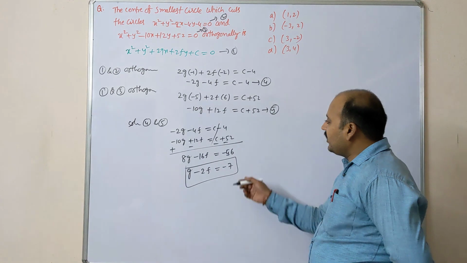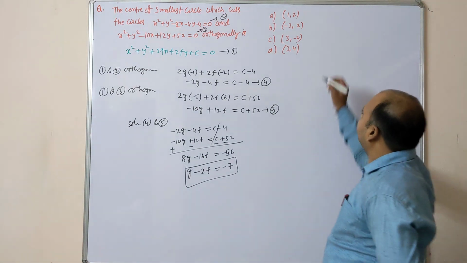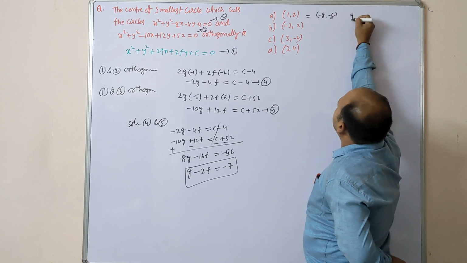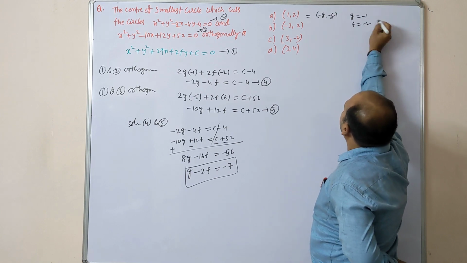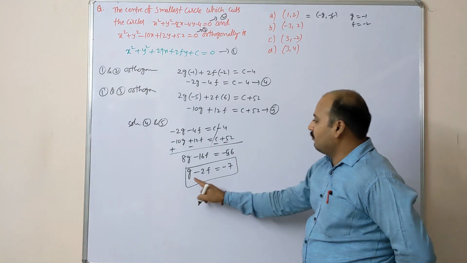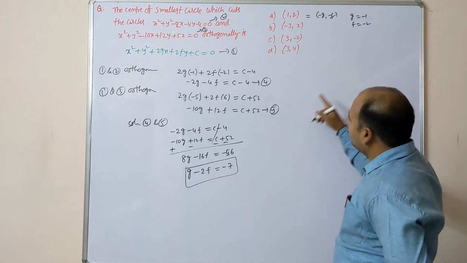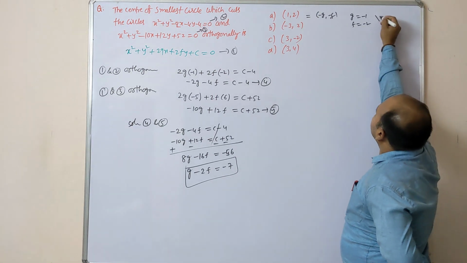So option verification you do, dear students. If you take g comma f as minus g minus f, g value minus 1, f value minus 2, substitute in this: minus 1 minus 2 into minus 2. So this option is not suitable.